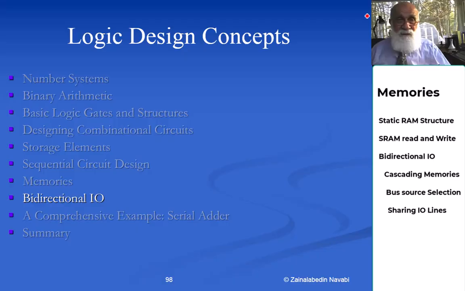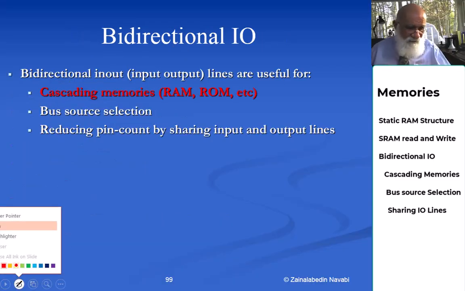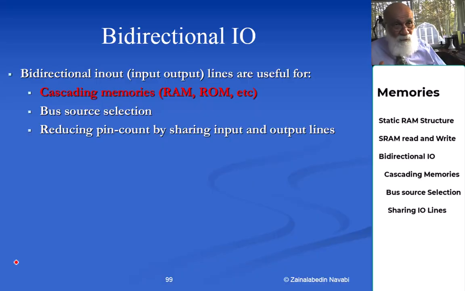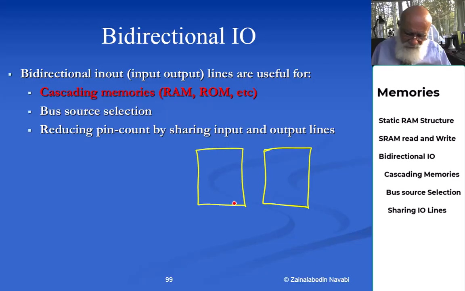Next, which we have already said a little bit about, is the bidirectional I/O. And bidirectional I/O is used for several different things, for cascading memories. Okay, let's say I have a memory here, and this is another memory, and these are the output lines.